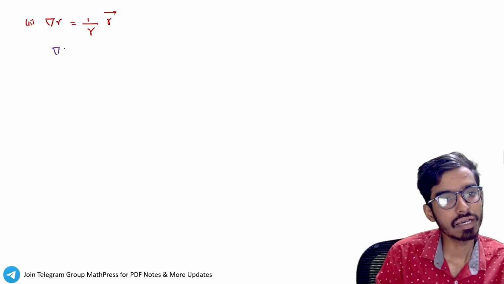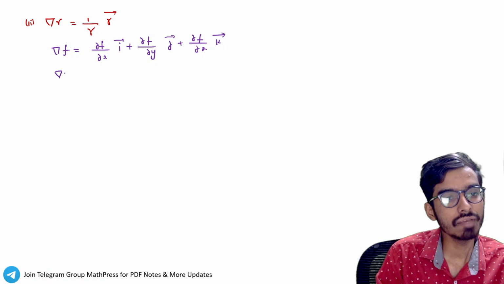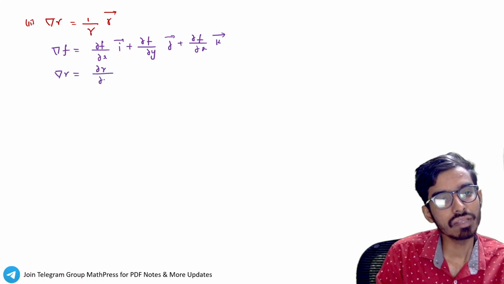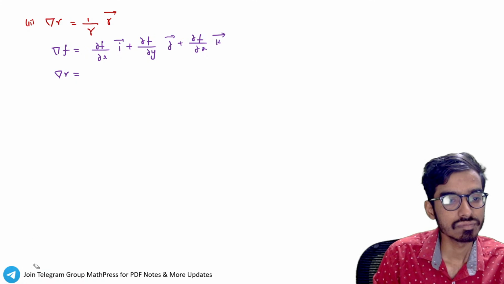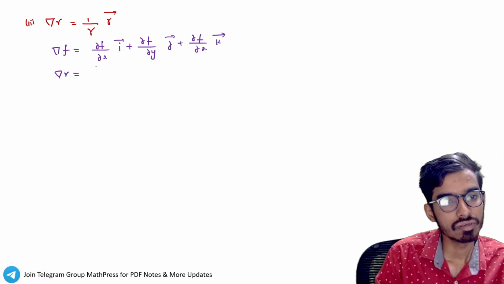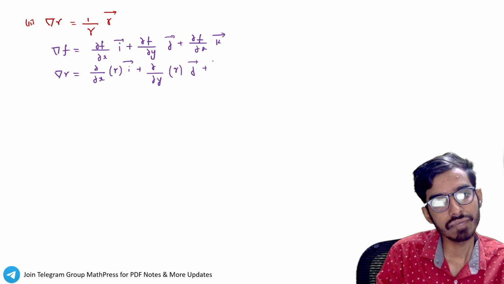So what is grad f? Grad f is ∂f/∂x into i vector, ∂f/∂y into j vector, ∂f/∂z into k vector. What is grad r? Grad r will be ∂/∂x of r into i vector, ∂/∂y of r into j vector, ∂/∂z of r into k vector.